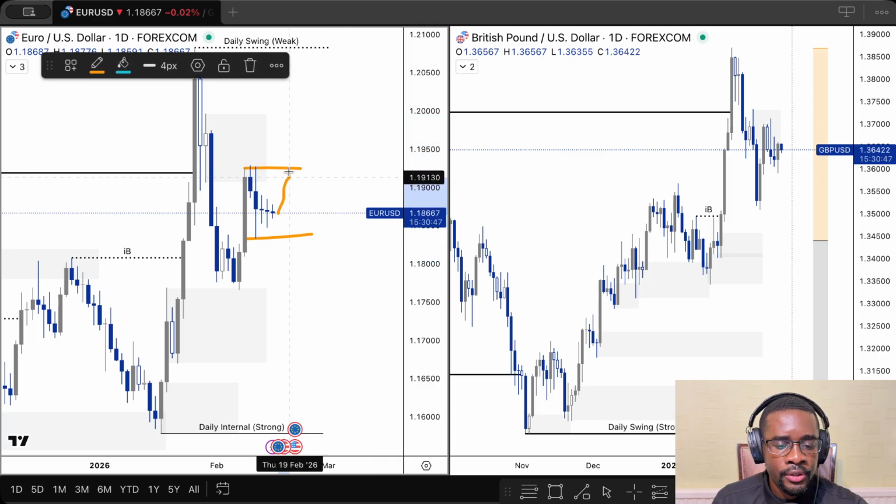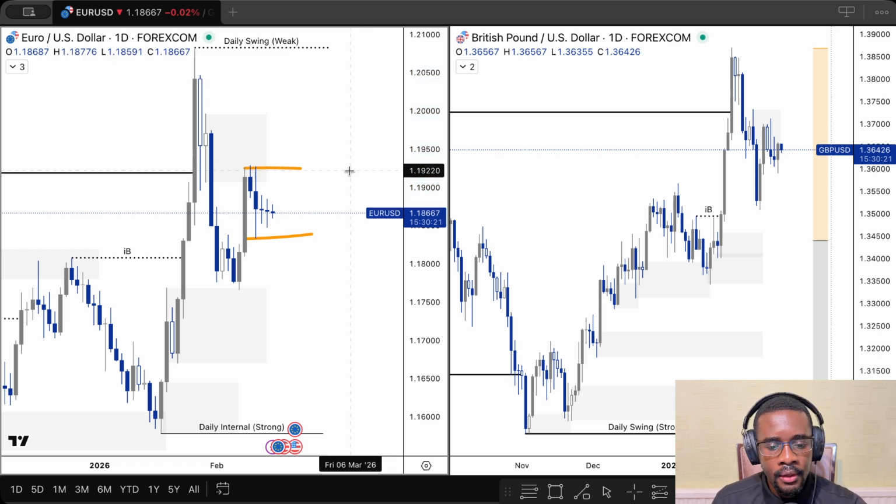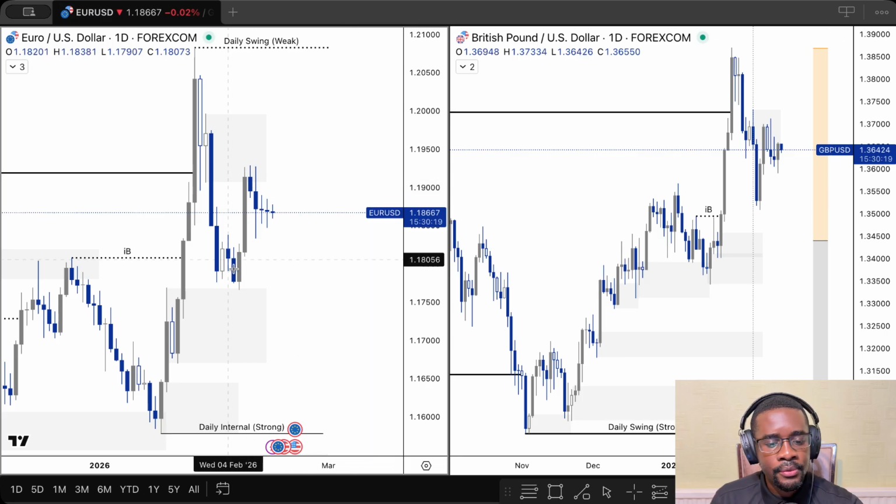And if we start by breaking out to the high side, then we may have a pullback to then continue bullish. So the bias is definitely bullish, and we are more focused on long trades. It doesn't mean that you cannot take short positions intraday. You definitely can, on the lower time frames.